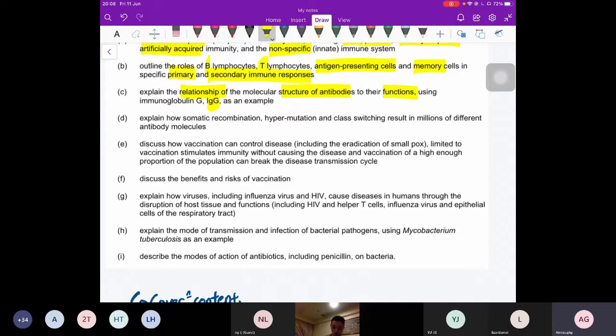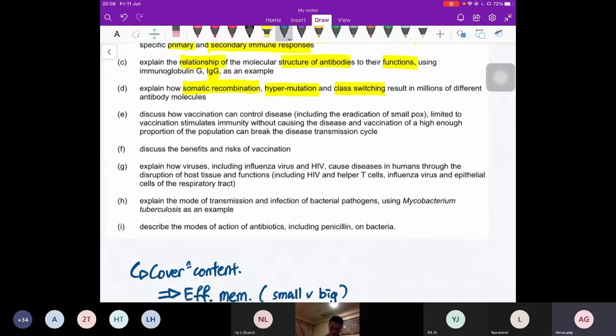We're going to talk about generation of antibody diversity, so that's somatic recombination, somatic hypermutation, and class switching. But today we're not going to be talking about vaccination because it's very, very self-explanatory. So the use of vaccination, the benefits and risks, we're not going to be talking about.